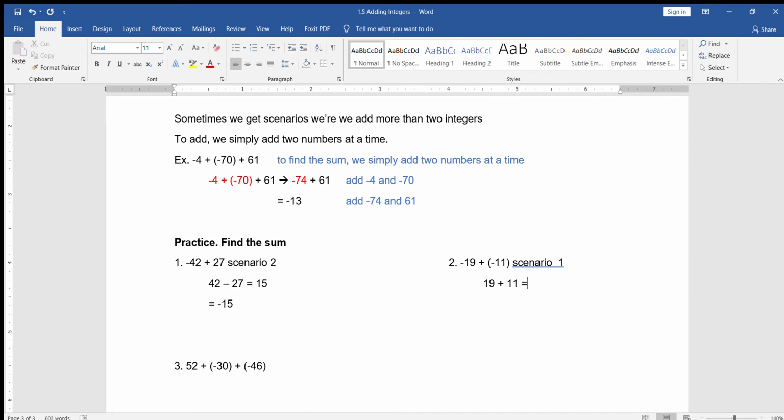No, 30. But we're not done yet, right? What is the sign of our final answer? What sign do you both share? Negative. So your answer is negative 30.